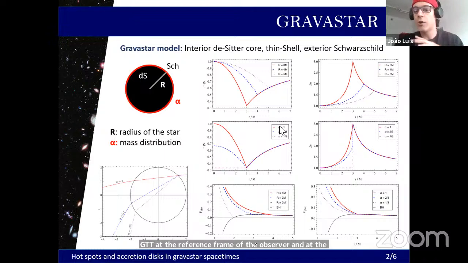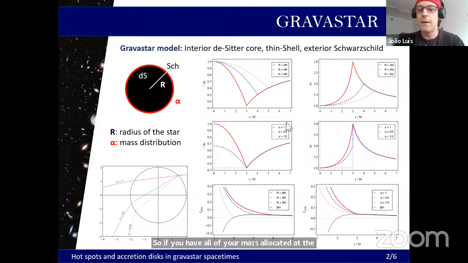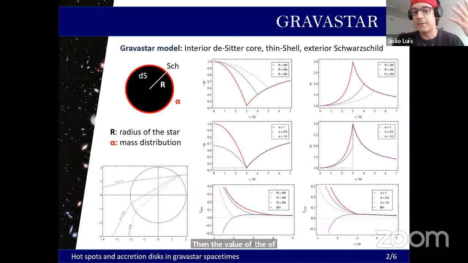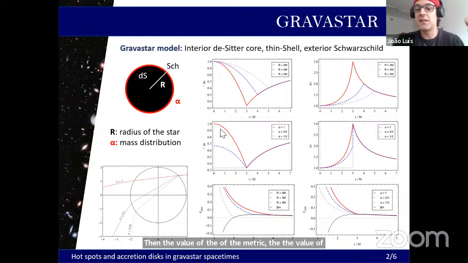If you have all of your mass allocated in volume, this is alpha equals 1. When the observer is really far from the center, if the spacetime is asymptotically flat, which it is, then the value of g_tt at the observer and at the center where radiation is being emitted is basically the same. So there is no effect of gravitational redshift.